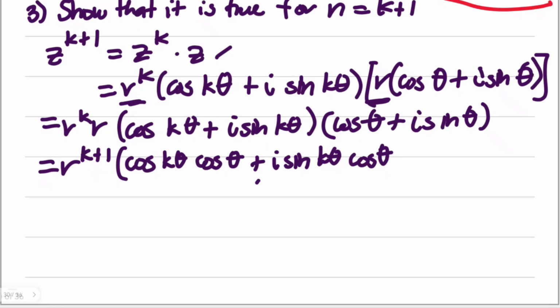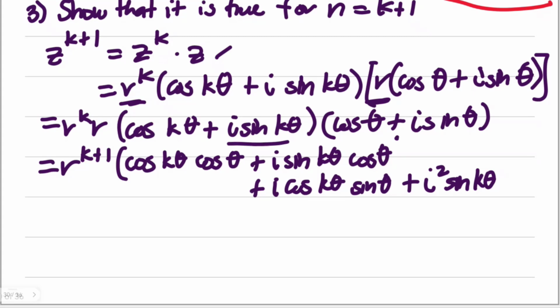Outer terms plus i, you have cosine k theta sine theta, and you finally have your plus i squared sine k theta, the last terms, that's why it's i squared, and then sine theta. As mentioned in the previous videos, we'll be using some of the techniques we did in proving the product of two and the quotient of two complex numbers in the concept of the De Moivre theorem. This is actually equal to r to the k plus 1.